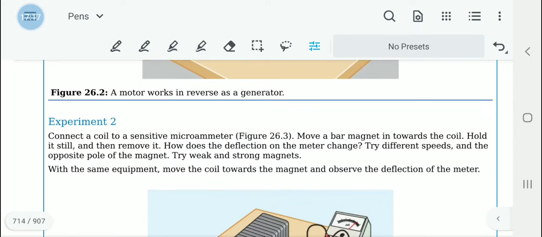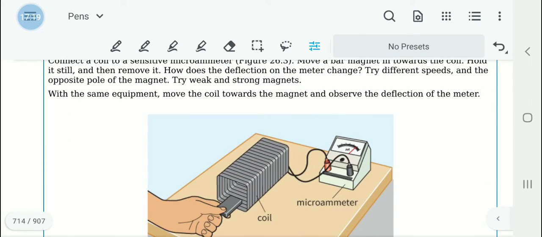Experiment 2. A coil is connected to a sensitive microammeter, and a magnet is moved in and out of the coil.